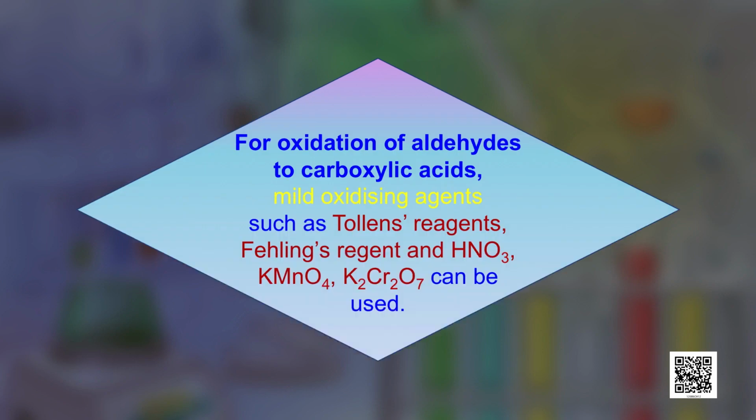And coming to the oxidation of aldehydes to carboxylic acids, even mild oxidizing agents such as Tollens reagent and Fehling reagent are used. In addition to them, we can also use nitric acid, KMnO4 and potassium dichromate for the oxidation of aldehydes to carboxylic acids.